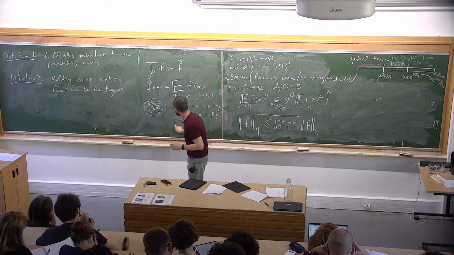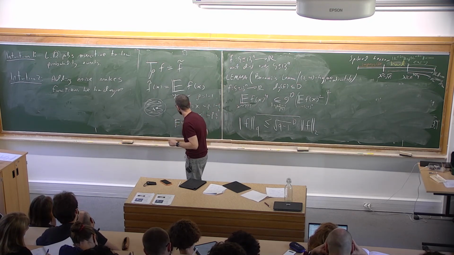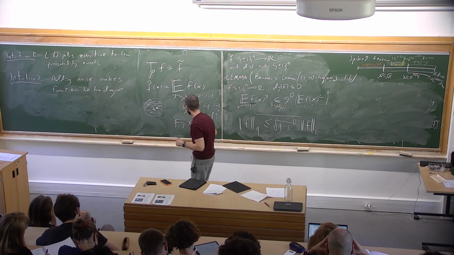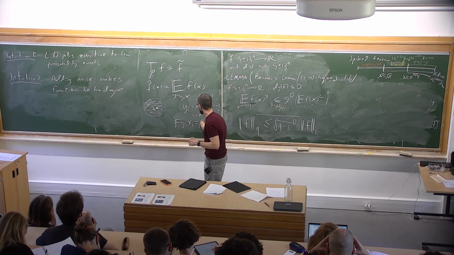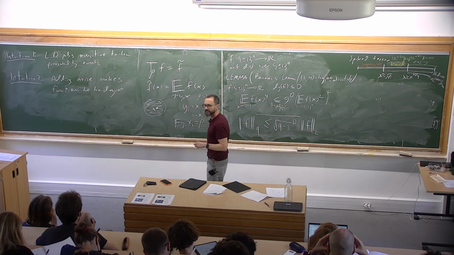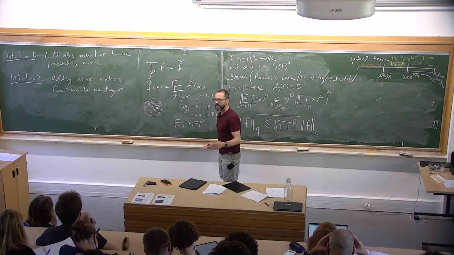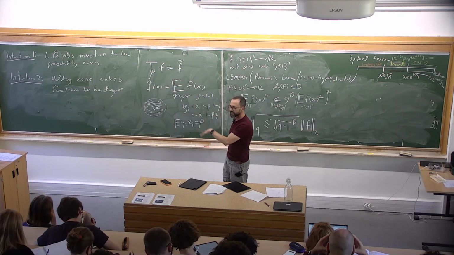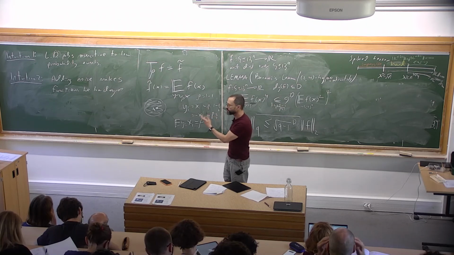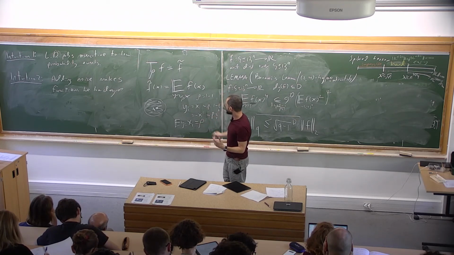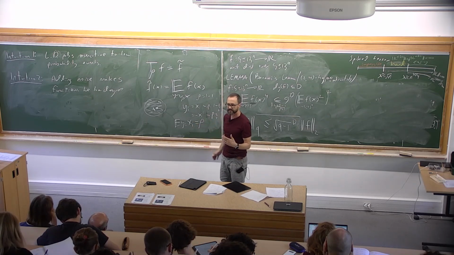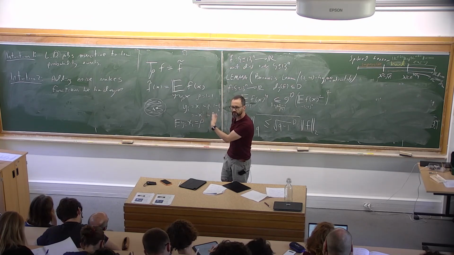This is independent for each coordinate, so the expectation of y_i x_i will be rho. So y_i will have the same marginal, also Bernoulli, but will be rho correlated with x_i, and you do this independently for each coordinate.